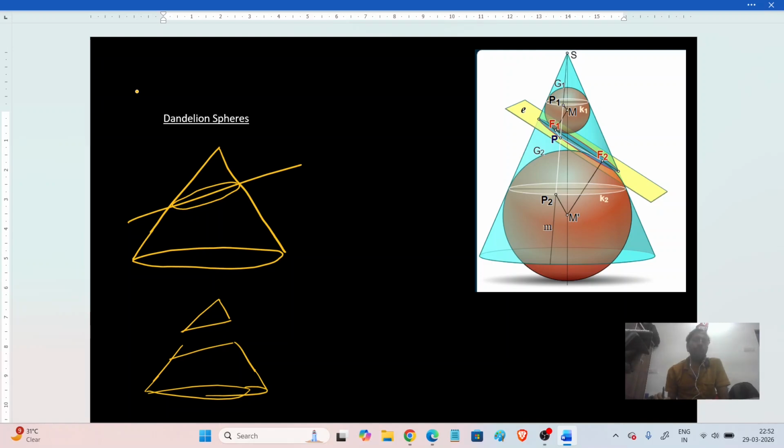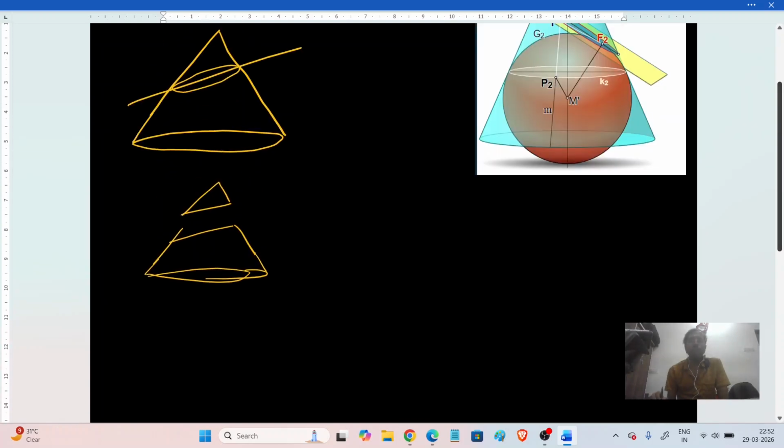Now you have to fit in a sphere. So consider this upper piece of cone. Now the sphere should touch the two sides and also the plane of the base.